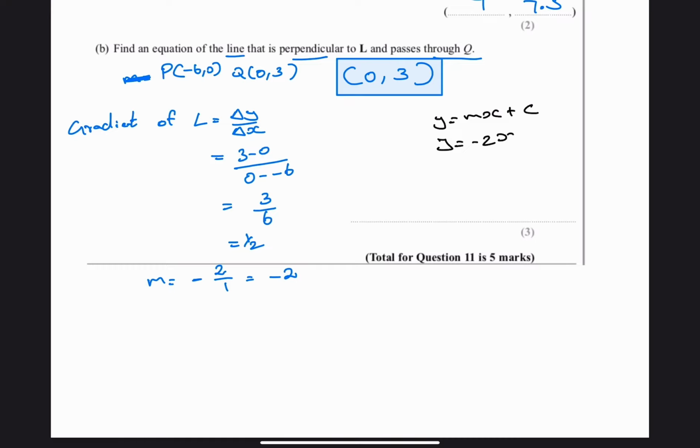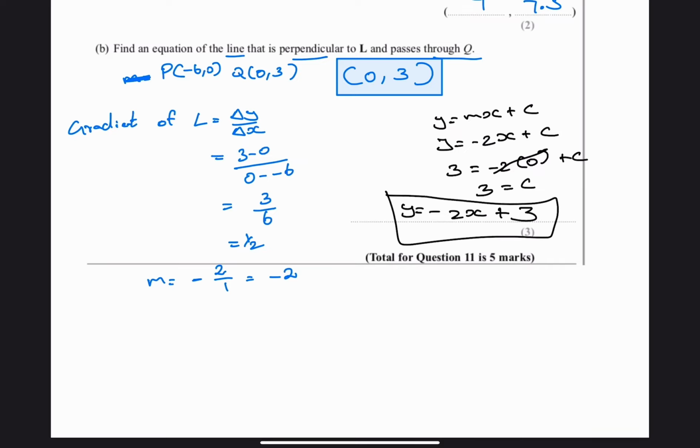Minus 2x plus c. You can substitute this coordinate, but you will automatically know it goes through the y-intercept, so c should be 3, but we'll just substitute it anyway. Y is 3. Minus 2 times x is 0, plus c. When they cancel, c is 3. The equation is y equals minus 2x plus 3. That's your finalized answer. All right. Good.